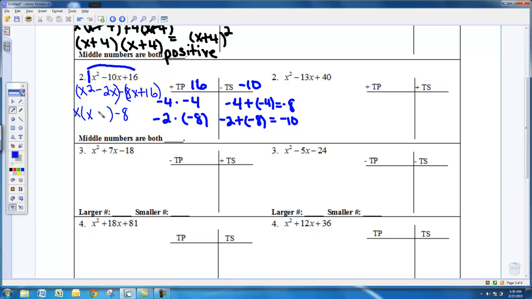Negative 2x divided by x is negative 2. Negative 8x divided by negative 8, well, that leaves us only x. 16 divided by negative 8 is negative 2. Notice how the binomial factor is the same. So that's our common binomial factor. We bring it out front, cross it out, and then we write whatever's left in the second set of parentheses. And we have this one factored.